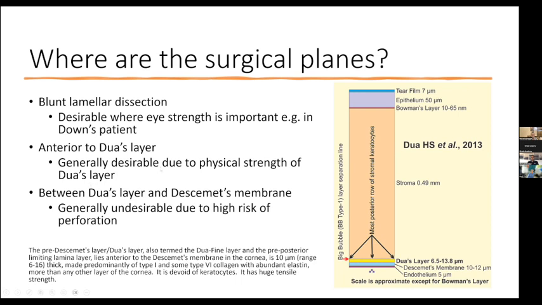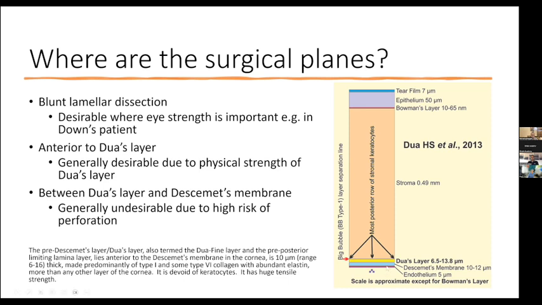Now, this is generally desirable due to the physical strength of Dua's layer. Dua's layer is immensely tough, so you can blow up the globe at very high pressure, and if you just leave Dua's layer, the eye will not pop or explode until a very, very high pressure.